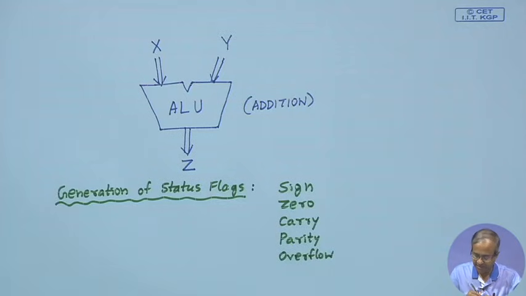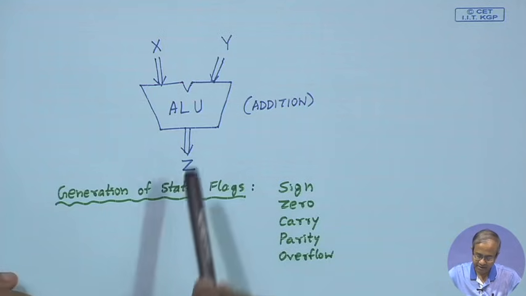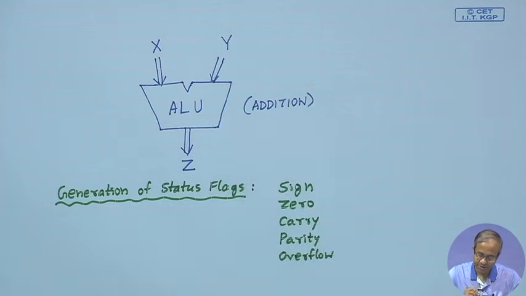These status flags actually will give us some idea regarding the addition operation that has taken place. The sign flag will tell whether the result is negative or positive. The 0 flag will tell whether the result is 0 or non-zero. The carry flag will tell whether there was a carry out of the addition.